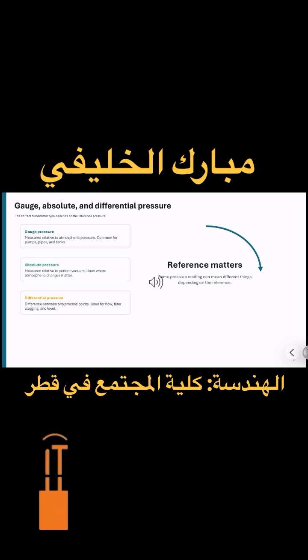This is useful when atmospheric pressure changes affect the process. Differential pressure measures the difference between two points. It's often used for flow measurement, filter monitoring, and tank level measurement. Choosing the correct type is very important.